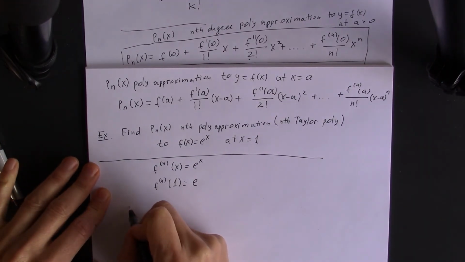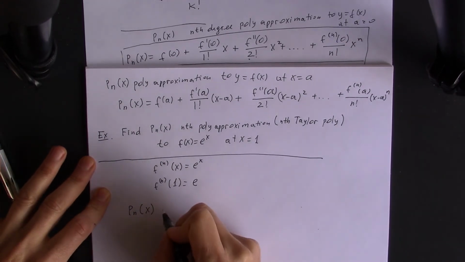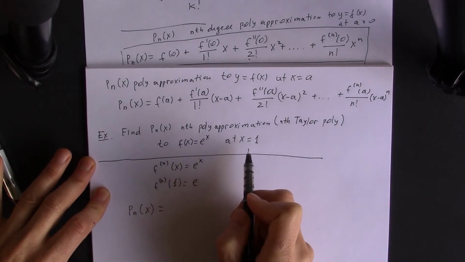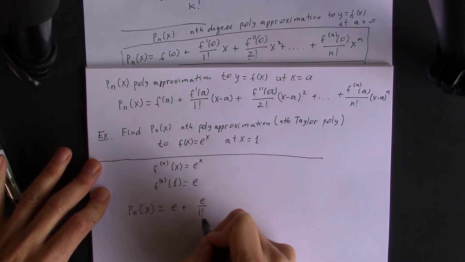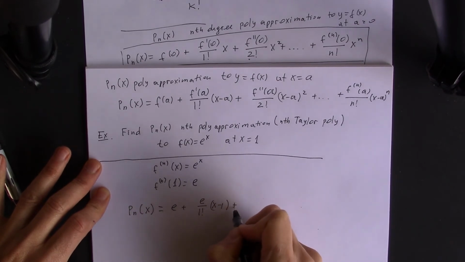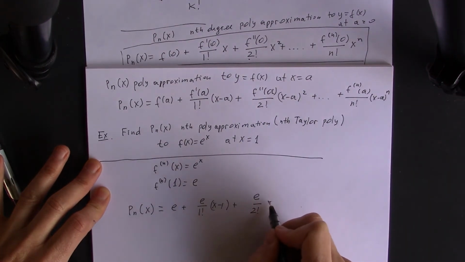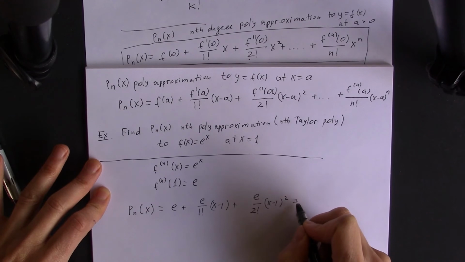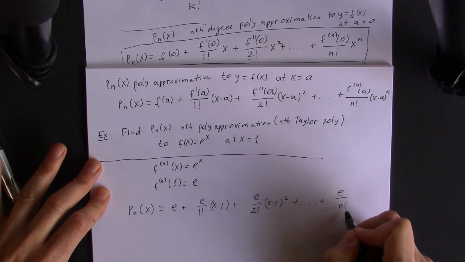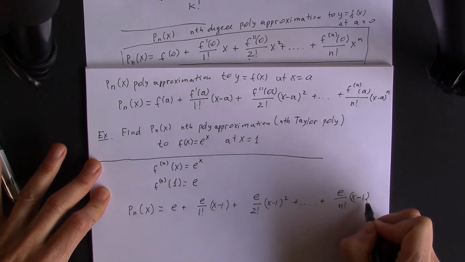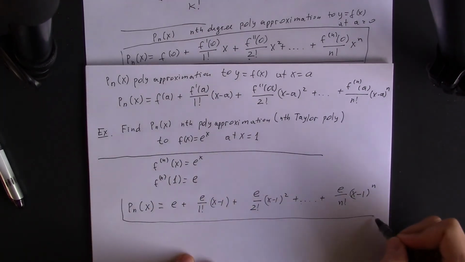The nth degree polynomial approximation to e to the x at x equals 1 is going to be e plus e over 1 factorial times x minus 1, plus e, which is our derivative, over 2 factorial times x minus 1 squared, plus and so on, all the way to e over n factorial times x minus 1 to the n. And that's going to be our answer for this problem.